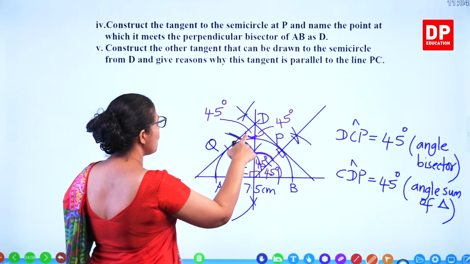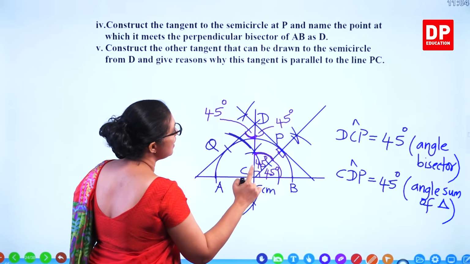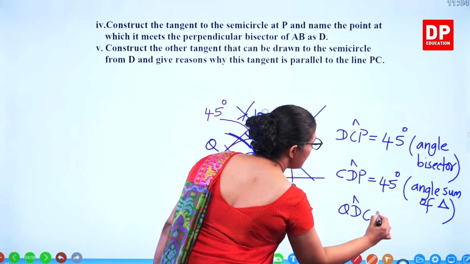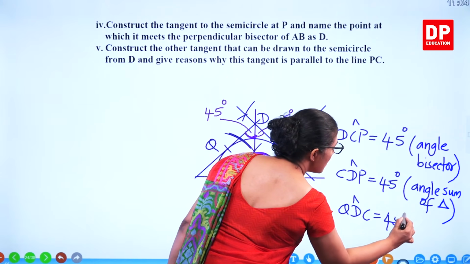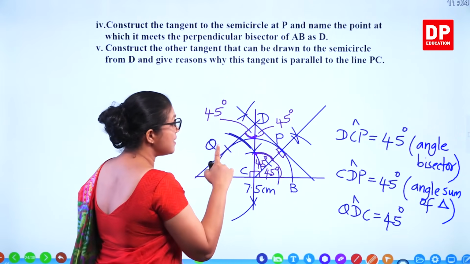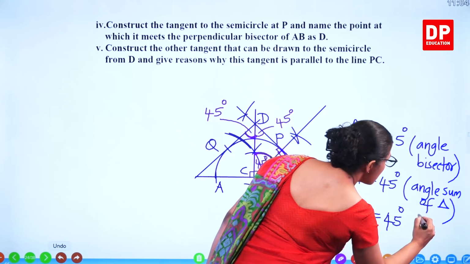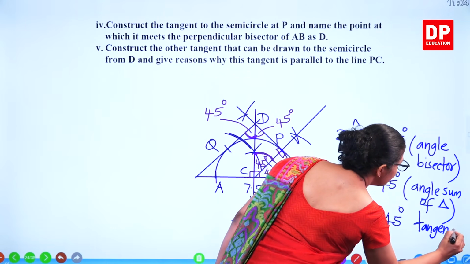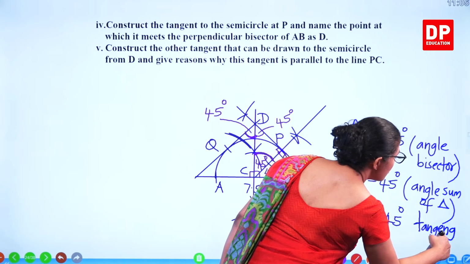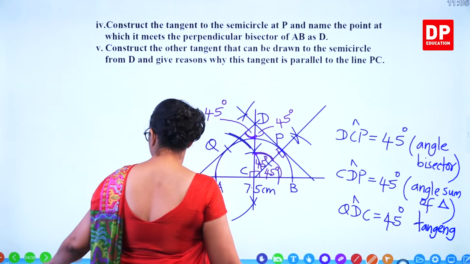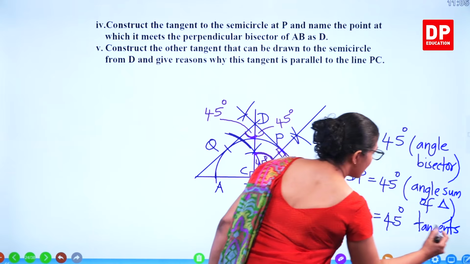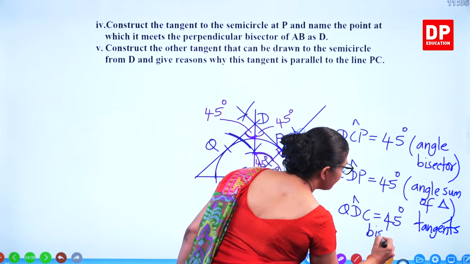And this is also 45. QDC angle is 45. Then you can say this is the tangents. Tangents bisect the angle.